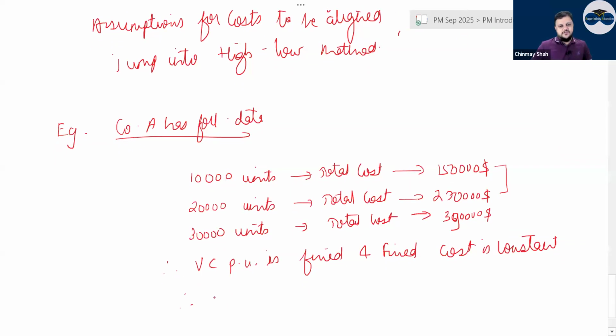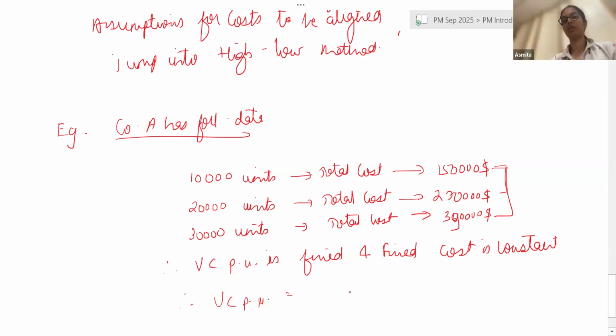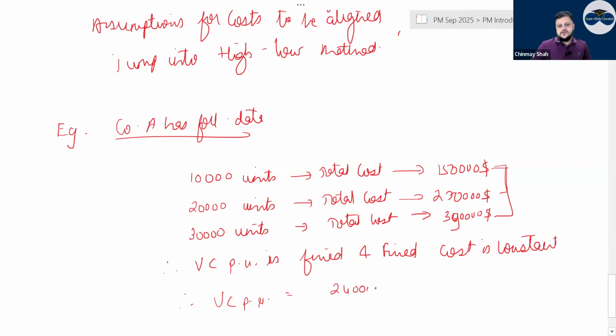Or I will directly do variable cost per unit is how much? Tell me. How do you find the variable cost per unit? Difference. देखो difference between total cost at 150 and 390 कितना होगा? 240,000. कितना? 240,000. Correct.